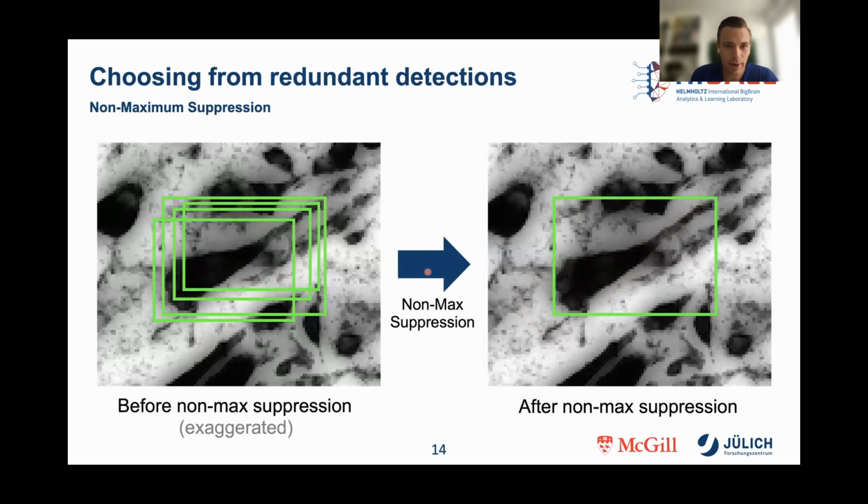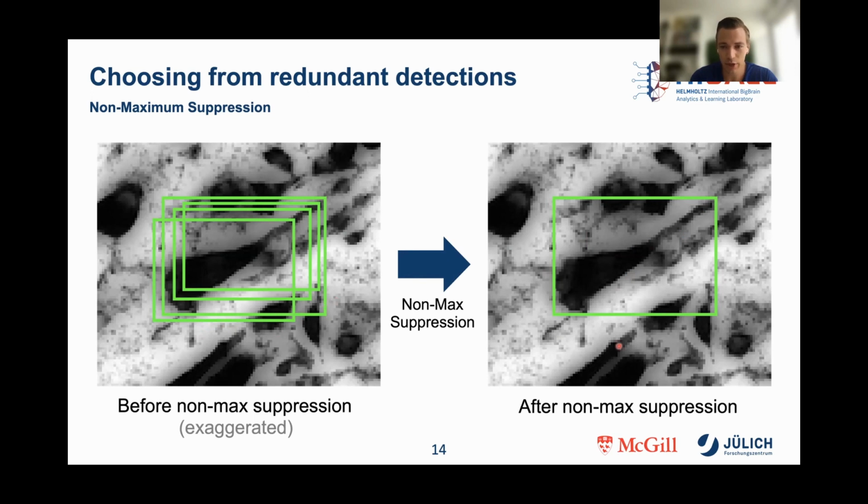Then there's also the part called non-max suppression. This is the final step in the network. The job of this step is to select a single solution out of many proposed solutions. So you can see here an extreme example, and you can see that not all of those proposals are actually good solutions.